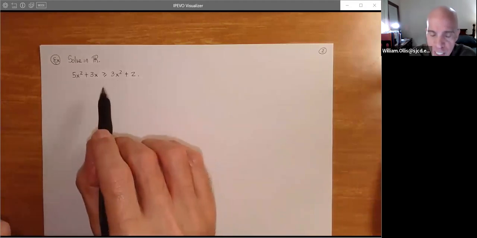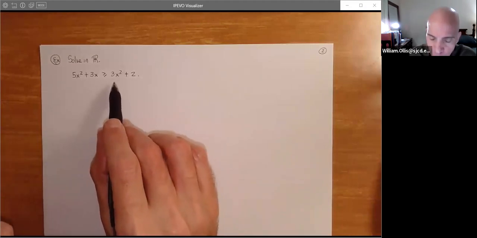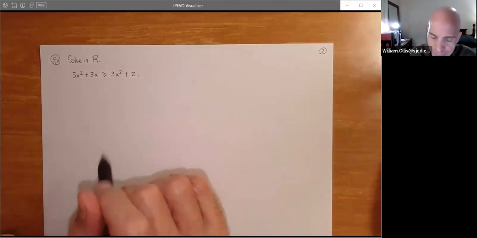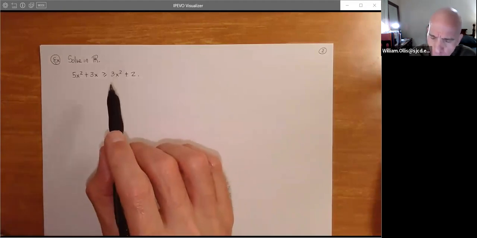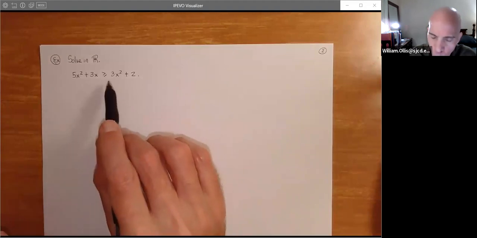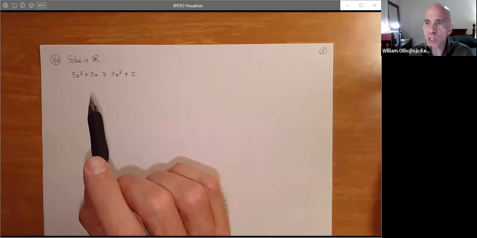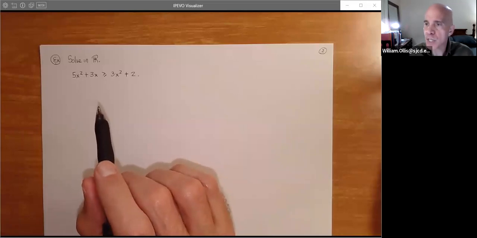So when you look at this particular example, you're thinking, okay, well, I could start guessing some numbers. But when it comes to working with real expressions, we know that we can always compare things to zero.